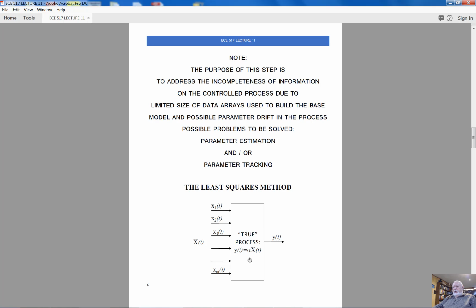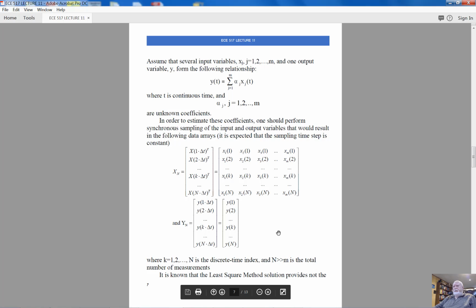Again, the true configuration of the process description is not known to us. First, what we will do, we would discretize and consider discretized input variables of the process and the output variable of the process. So we're assuming that there are several inputs, x1, x2, xm, and one output.